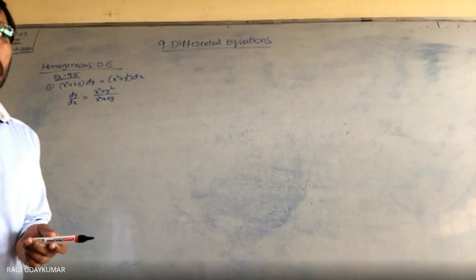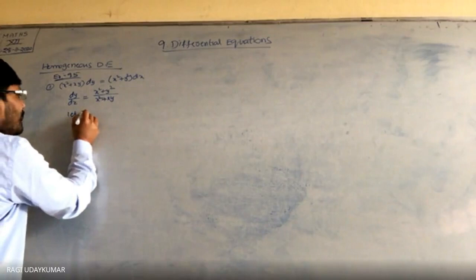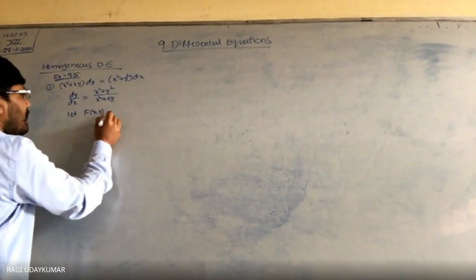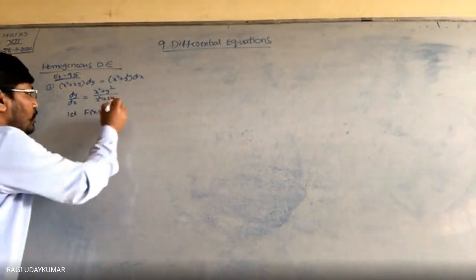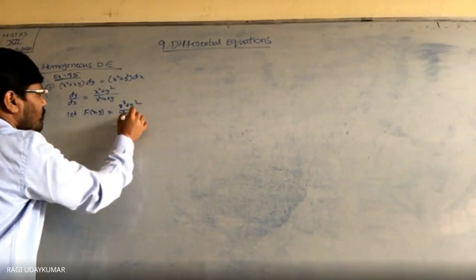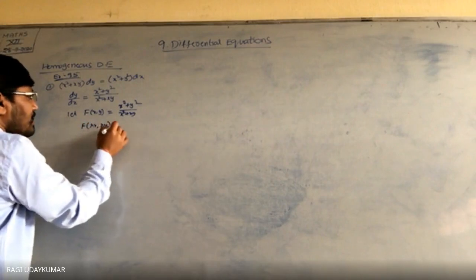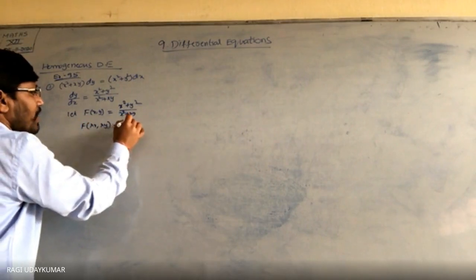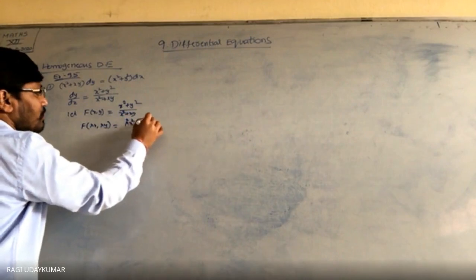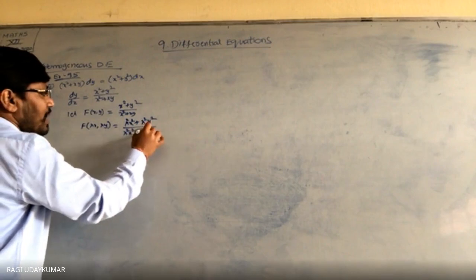So now here it is a differential equation. If you want, you can consider it like this. Let f of x comma y is equal to x square plus y square by x square plus xy. F of lambda x comma lambda y is equal to lambda square x square plus lambda square y square by lambda square x square plus lambda square xy. Actually it is not necessary, but I am just showing you lambda x, lambda y.